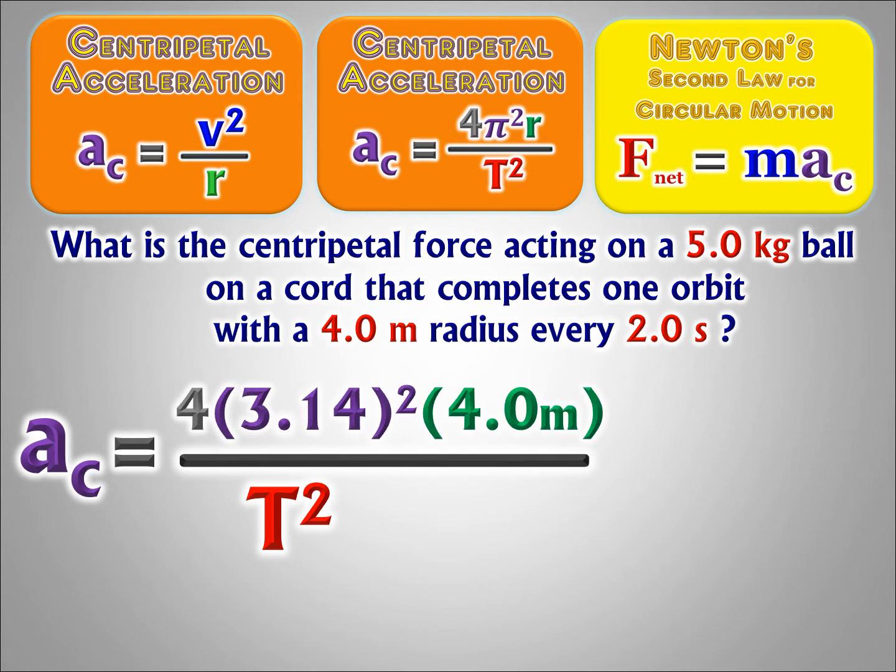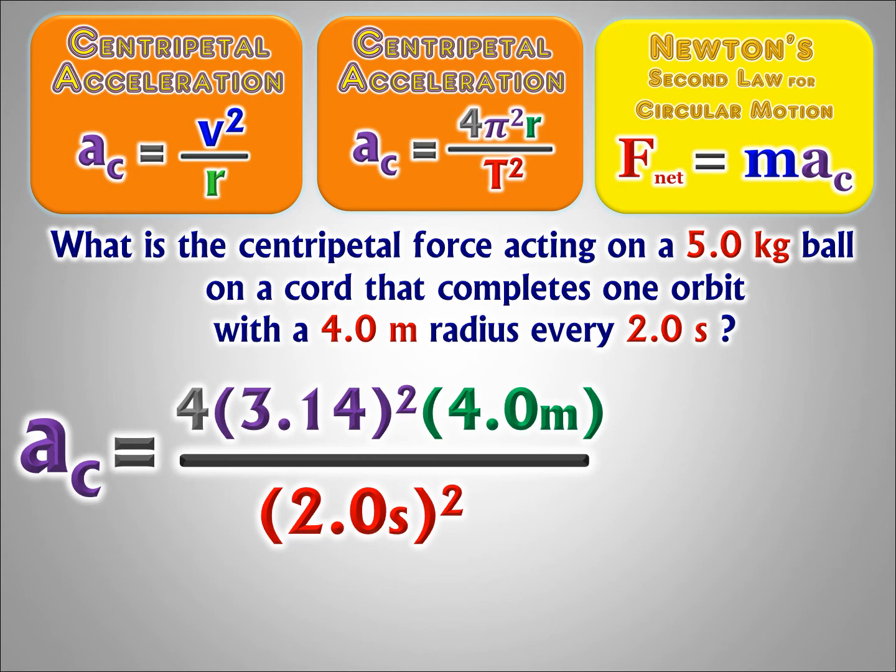So let's substitute that. 4 times pi squared times 4.0 meters. Notice that pi does not have any units. Pi is a ratio. It doesn't have any units, just like the number 4 doesn't have any units here. Okay, and what's T squared? Well, we need to know what T is. T is 2.0 seconds, and then that is squared, 2.0 seconds squared.